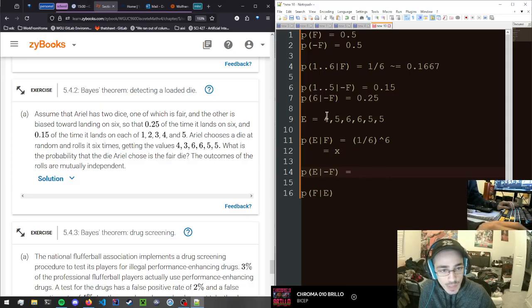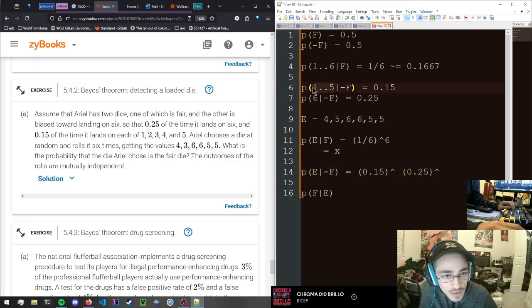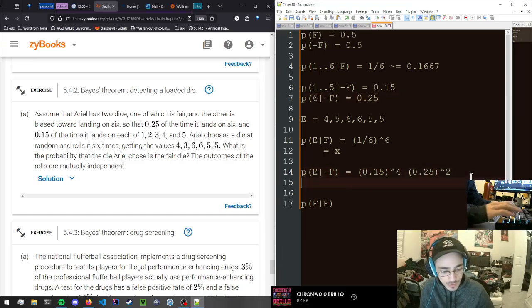And it's mutually independent, so I can just build up, multiply everything. So this is probably what it's gonna look like. So I got 0.15, 0.25. So the chance of getting any 1 through 5 is this one. So we have 1, 2, 3, 4, and 2 6s, which is this one. So I'm gonna put that into a variable called y on my calculator.